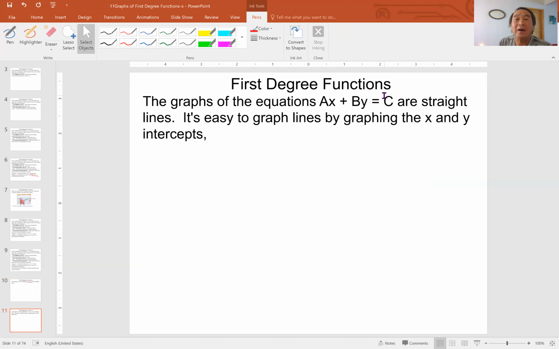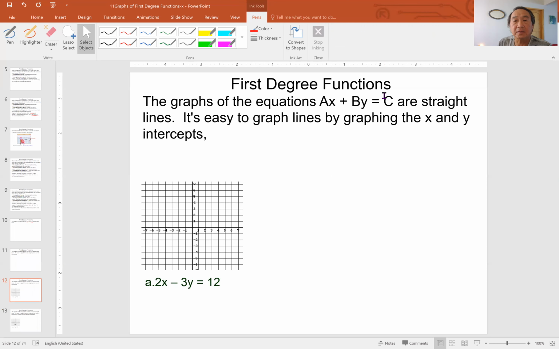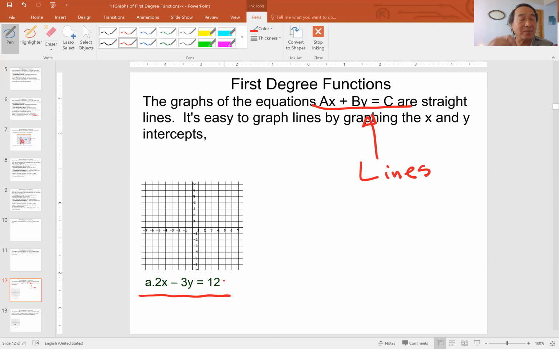To graph an equation like that, for example, if I have this one, the easiest way to graph it is to plot the intercepts. The reason is that the graphs of these equations are all lines. So I'm going to plot 2 points. The easiest way to plot 2 points is to set x to 0. If I put x equal to 0, this term is gone. Now y is equal to -4.